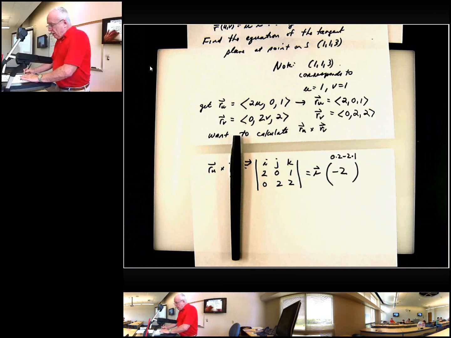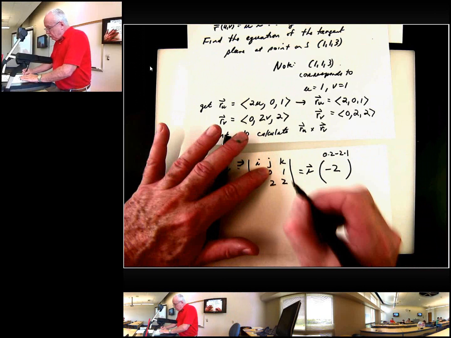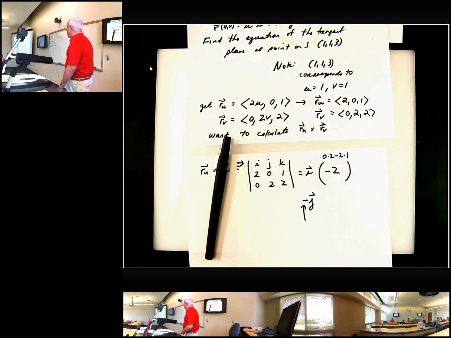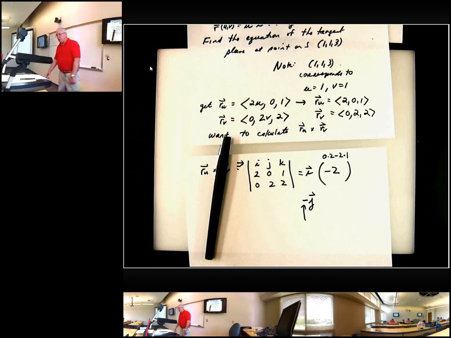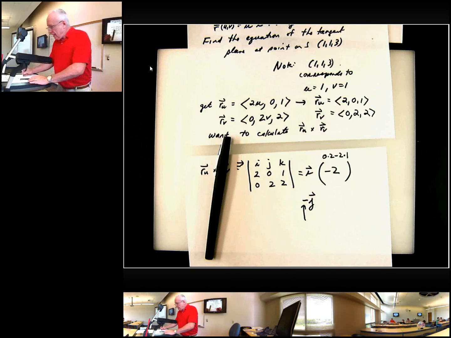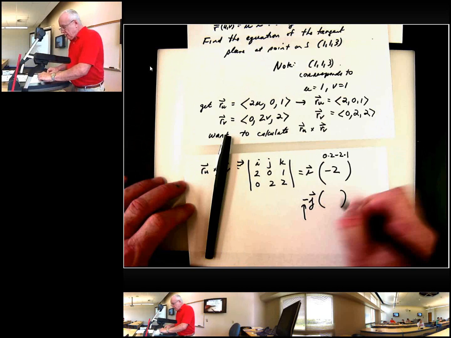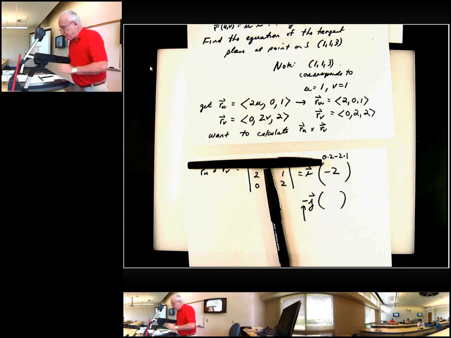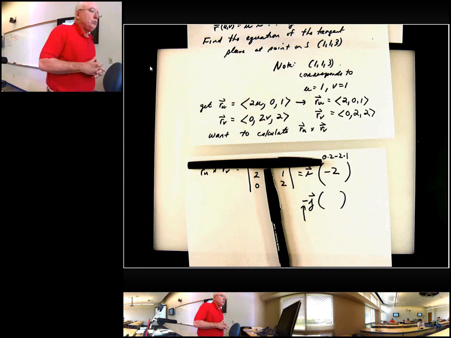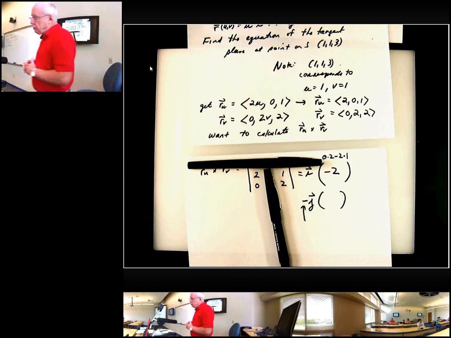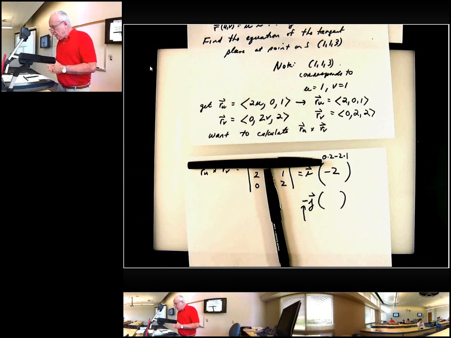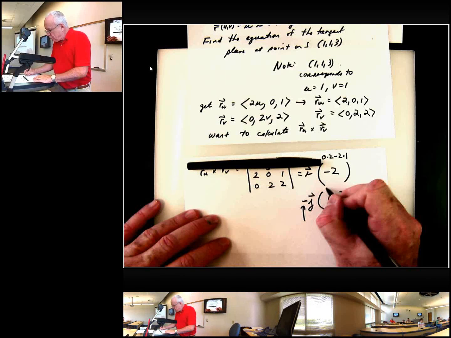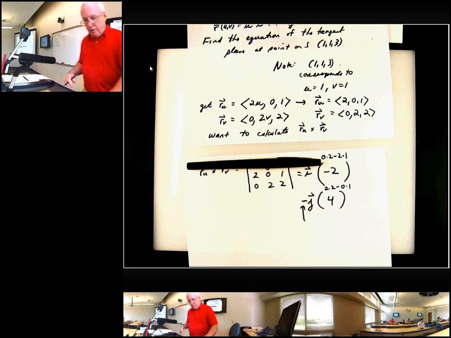And then be careful, with the second component, you have to initially put it as a minus the j. So be sure you do that. Then we block out the first row and the second column, and what we have left there is 2, 1, 0, 2, and that 2 by 2 determinant is 2 times 2 minus 0 times 1, or 4.